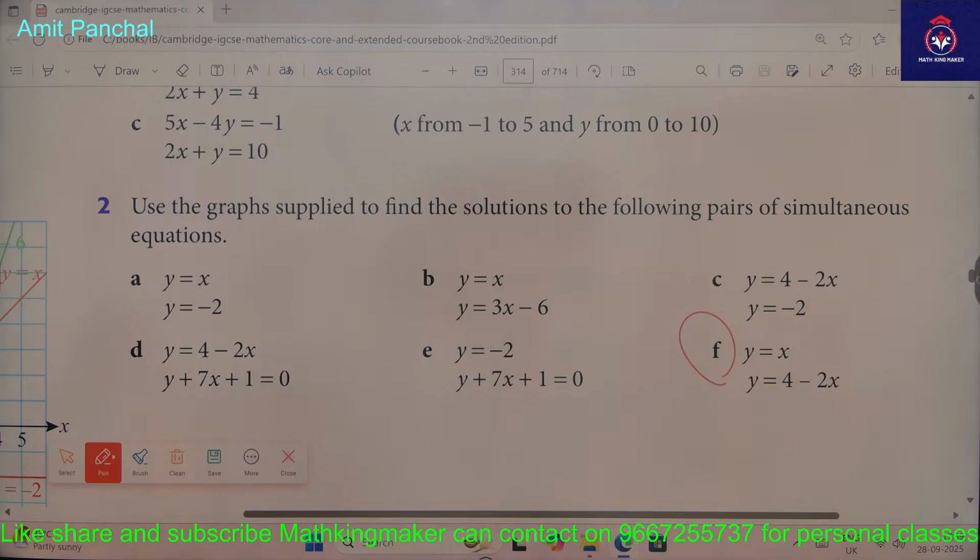The intersection lies on a decimal. What is the value? Roughly x is 1 and y is 1.5.